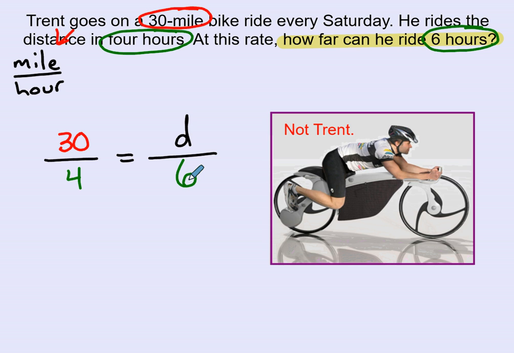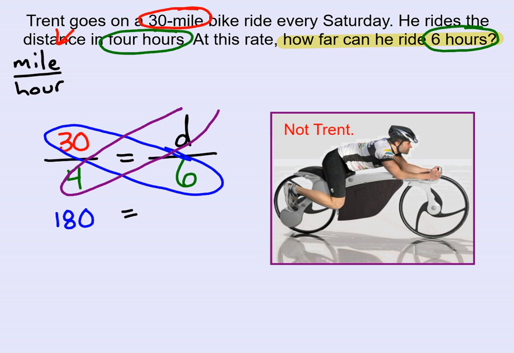So I have 30 times 6, which is going to be 180, equals 4 times D, which is going to be 4D. My next step, I am simply going to divide both sides by 4.